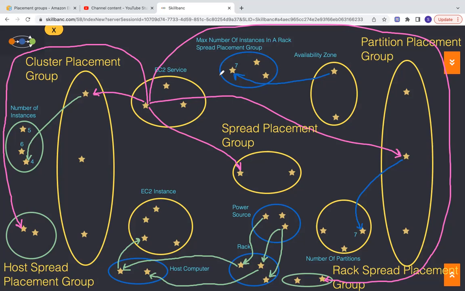Suppose you want to, not each rack, within each availability zone. So if you have 3 availability zones, the maximum of 21 instances you can launch with rack spread placement group.